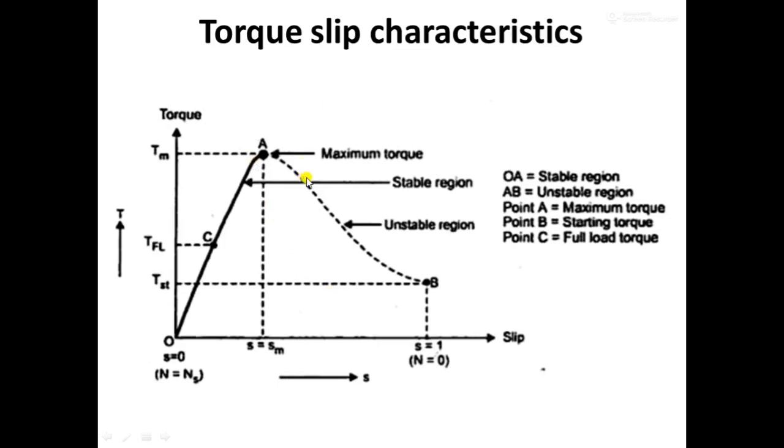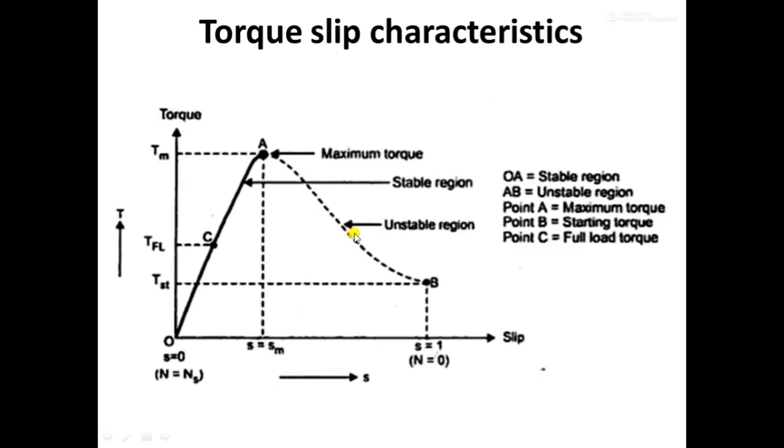Suppose initially the operating point was somewhere over here, and the corresponding slip is here. Now if the mechanical load on the induction motor is increased, the speed of the induction motor will get reduced. Since the speed is reduced, the value of slip will increase, and the new torque corresponding to the new value of increased slip will be somewhere over here.